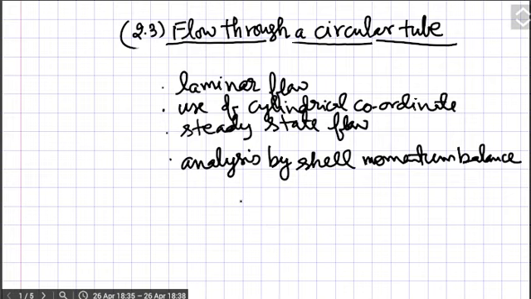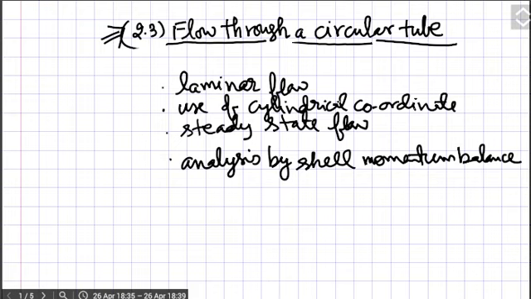In chemical engineering, flow in pipes and all those types of things are there. I would also like to tell you that this discussion has been given in section 2.3 of your book. So we start the discussion here, and before the analysis we will assume certain things.